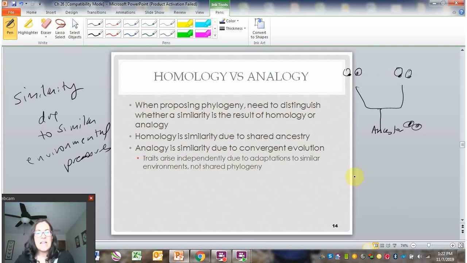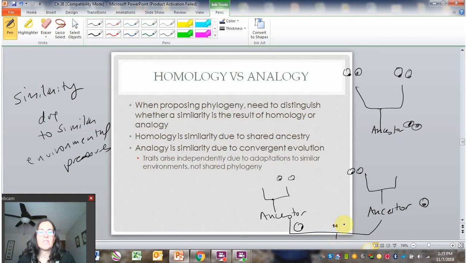If this was an analogous structure, you would have an ancestor that had one eye, okay? And then you would have a different ancestor that also maybe had one eye, okay? And then you might have an organism over here that got two eyes, and this organism also got two eyes.